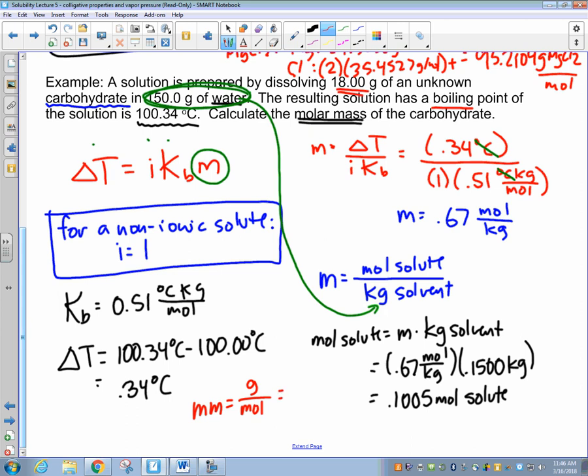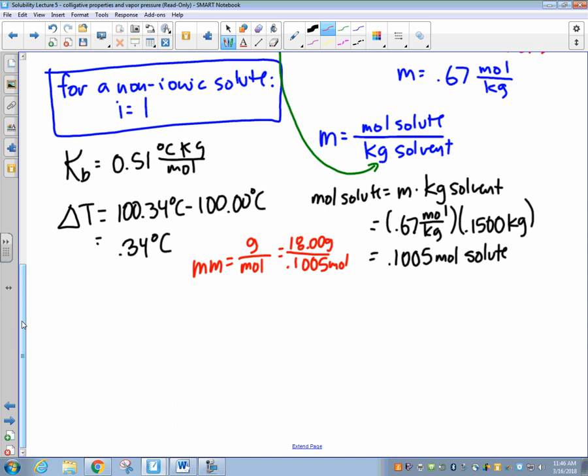That was, we had 18.00 grams of our solute divided by the number of moles, which was 0.1005 moles. And this gets me here a molar mass of, surprisingly, 18.00 divided by 0.1005, a molar mass of 179.1 grams per mole.